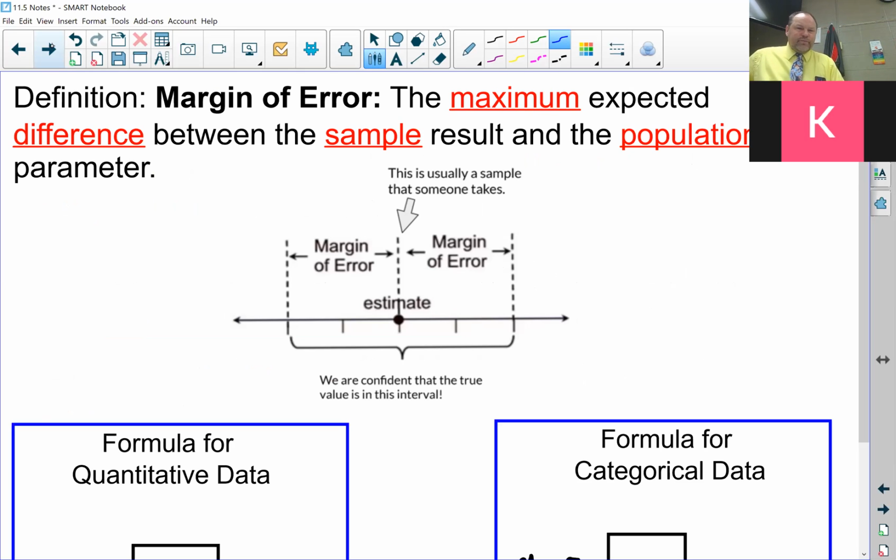So the big part of today is something called margin of error, and that is the maximum expected difference between the sample result and the population parameter. So in this picture, the estimate, this would be our sample result.